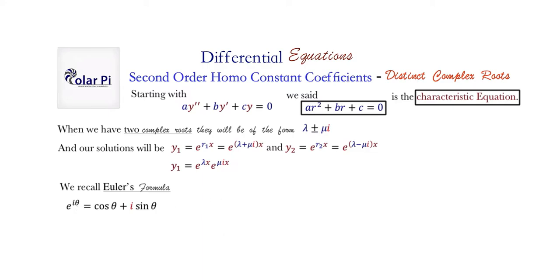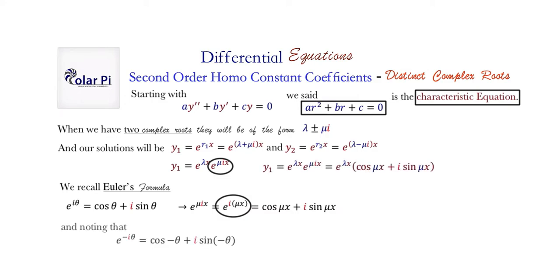We're going to exploit that to show that y1 can be written like this. I'm going too fast now. y1, this guy, and then this guy here, which can be written like this, where the i is leading and theta is mu x, just using Euler's formula.